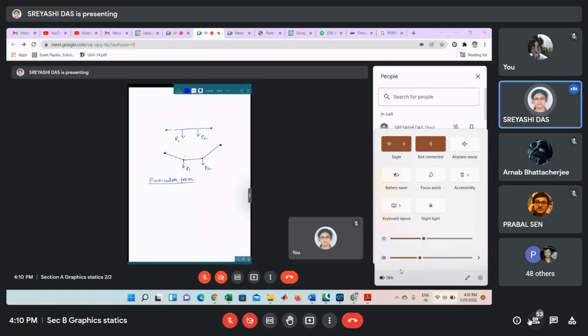Now this funicular form is a form taken by a cable or rope under any given load, and it will be in tension always.